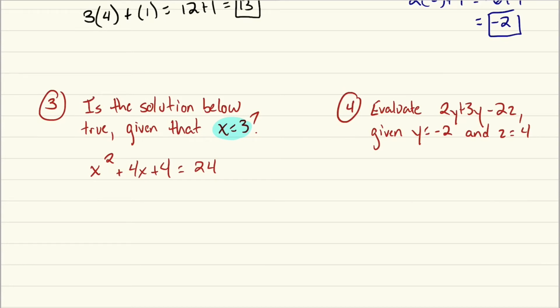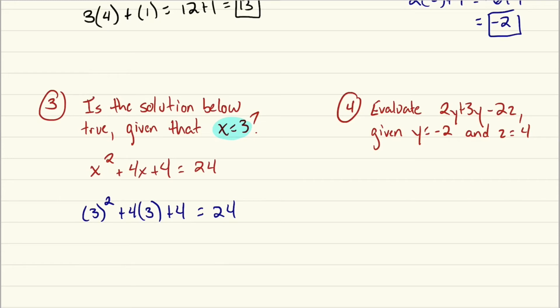Our job is to figure out if I put 3 into the problem, is it true? So let's go ahead and do that. We say 3, always in parentheses, squared, plus 4 times 3, plus 4. Now, at the end of the day, that whole thing should be equal to 24.